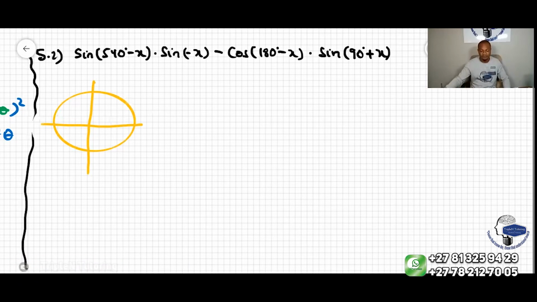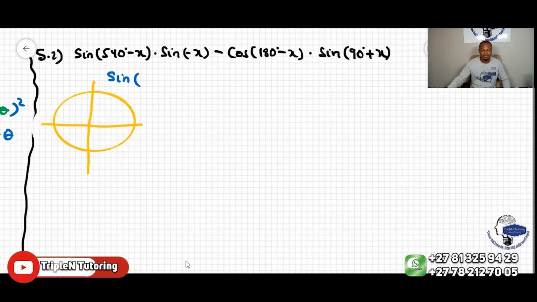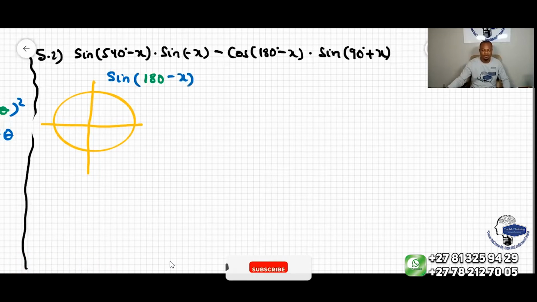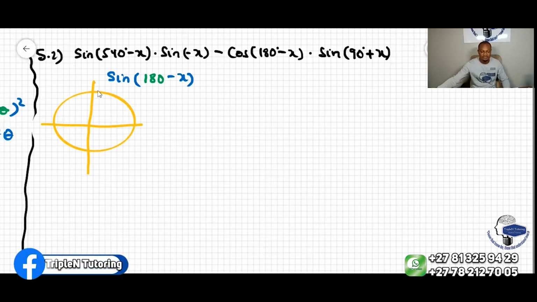So this can first be reduced to sine of 180 minus x. Why? Because the first round was 360 degrees, and then to reach 540 we need to add another 180 degrees.